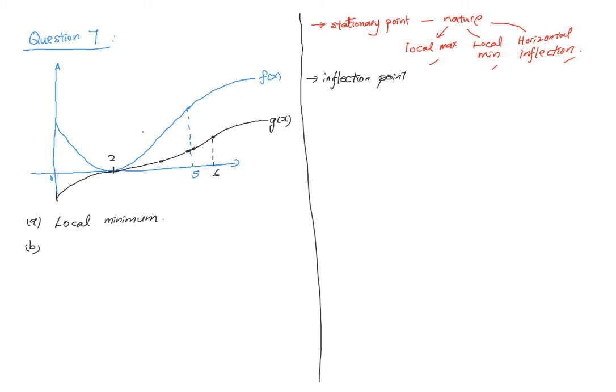you must also tell me the nature exactly. There are 2 types of inflection point. One is the horizontal inflection point. The other one is non-horizontal.